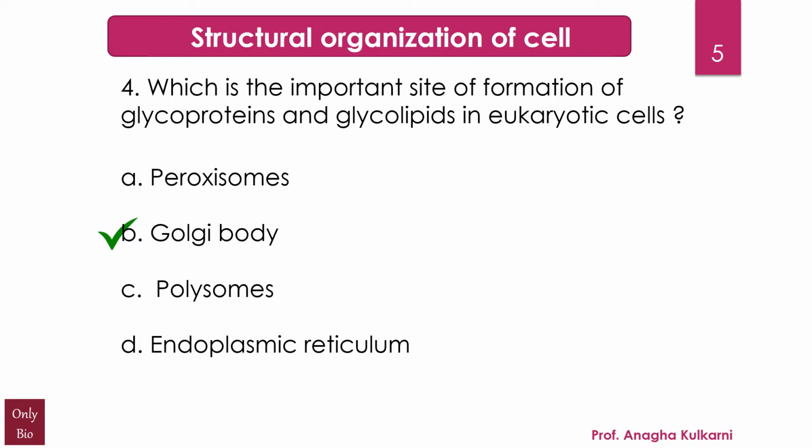Peroxisomes are called so because they owe their name to hydrogen peroxide generating and scavenging activities. So they perform a key role in lipid metabolism, are involved in the catabolism of very long chain fatty acids, branch chain fatty acids, bile acid intermediates, and certain amino acids in hydrogen peroxide.